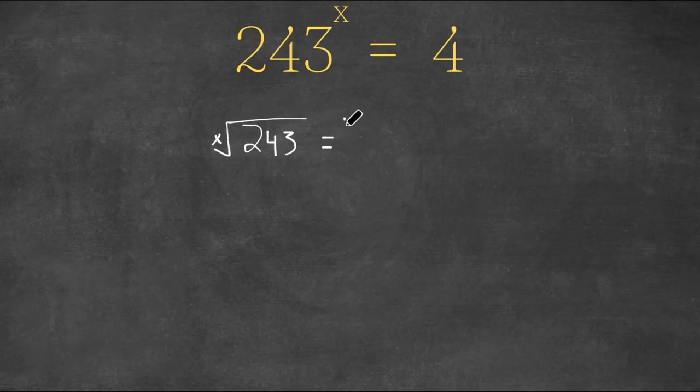We're going to first find that out. So 243 to the what root equals 4? Well, as we already know, that's 4, right? 243 to the 4th root equals 4.